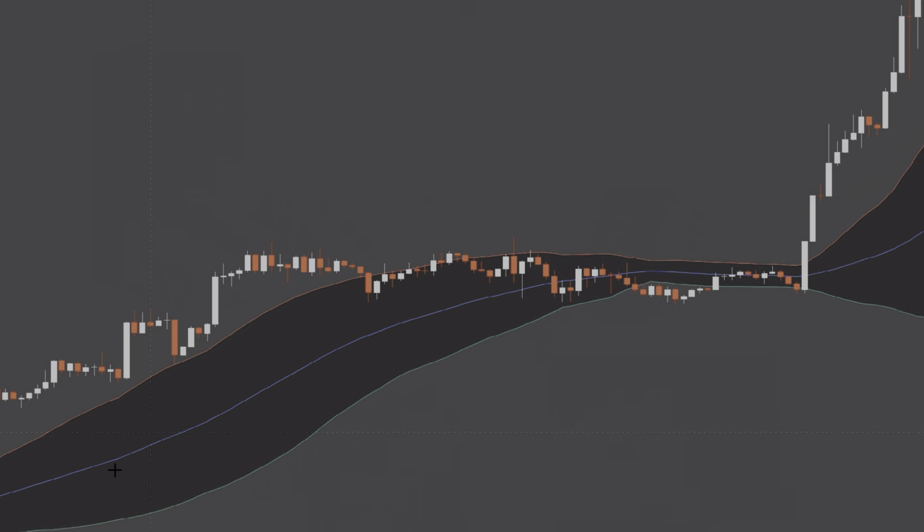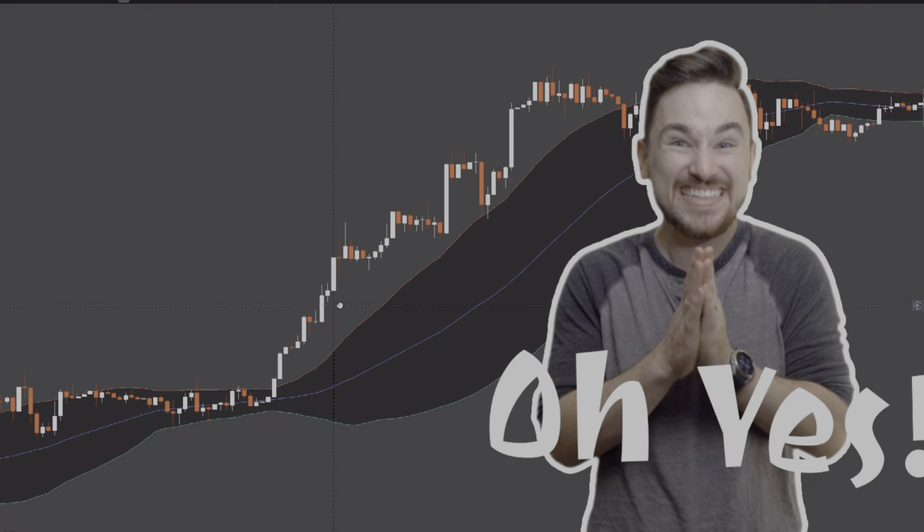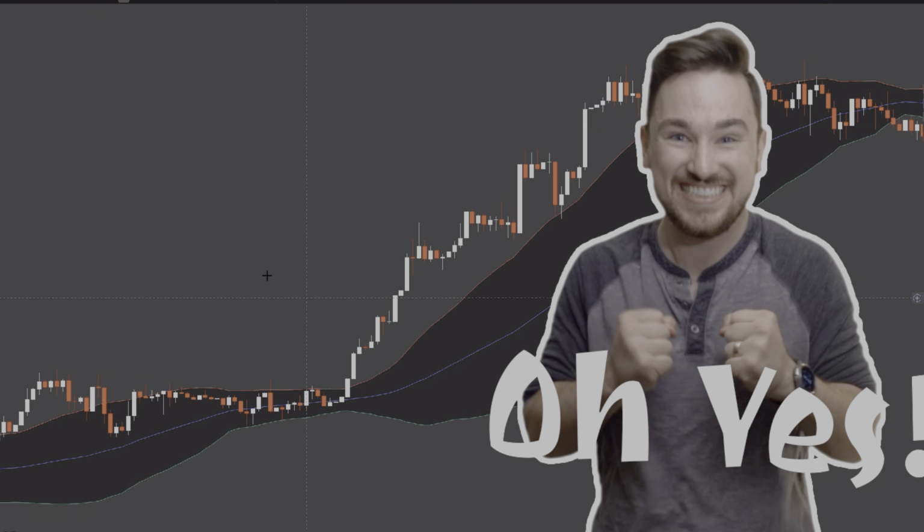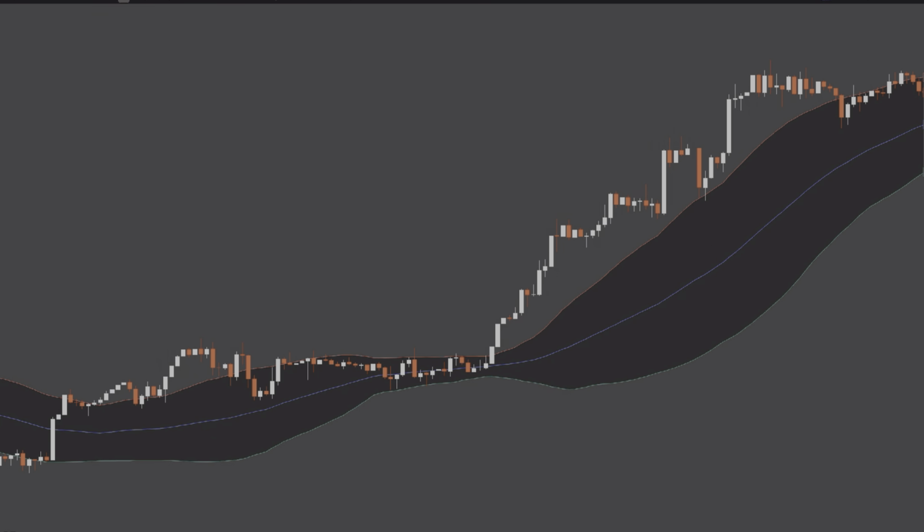That's it for our first indicator. Its job is done. The Bollinger Bands have found us a potential opportunity, a market coiling up like a spring.